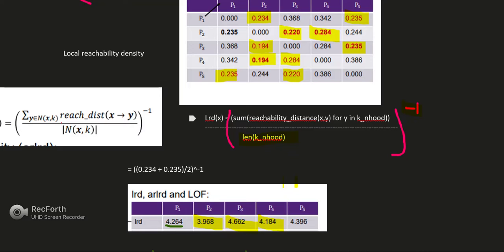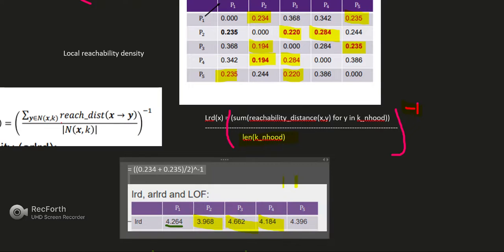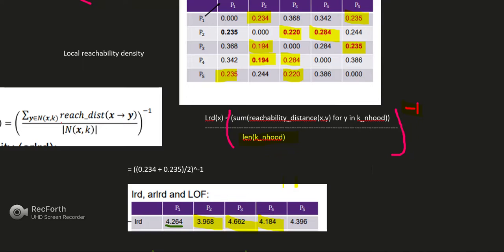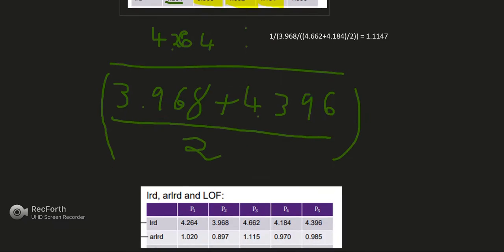Again, the local reachability density is just a way of checking how dense the values are in that neighborhood. So it's the average reachability distance of the neighborhood, and then one on that.